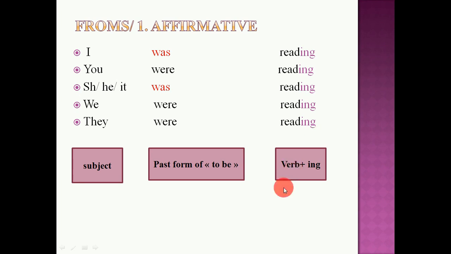In grammar we call it the ing verb. It's the verb كما هو read معناها يقرأ نزيدوا له ing. So this is the affirmative form of past continuous tense. It is subject plus the past form of to be, was ولا were, plus the verb plus ing.